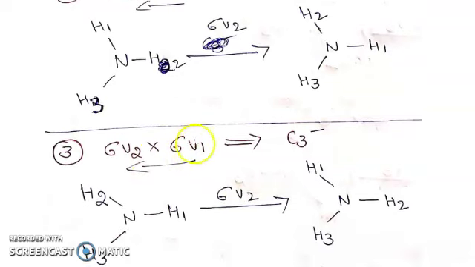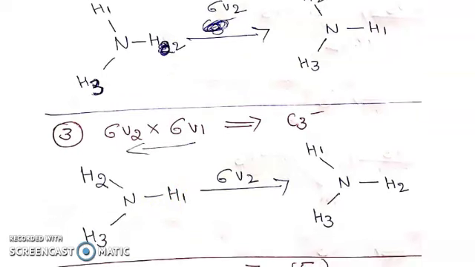First you write sigma v1. For this molecule, you have to do sigma v2. The sigma v2 operation means this plane, which is passing through the third hydrogen atom and nitrogen atom. As a result, the second hydrogen atom and first hydrogen atom will interchange. This molecule is nothing but C3 minus.